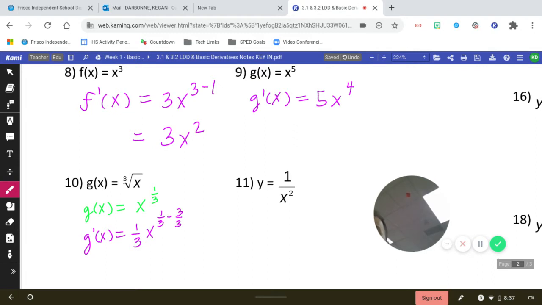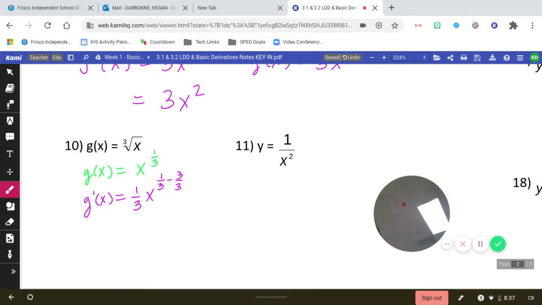I'm going to go ahead and make it easier on y'all and change that minus 1 to be minus 3/3, which 3/3 is the same as 1, but now I have a common denominator, so I can actually subtract. So to simplify this out, g prime of x is equal to 1/3 x to the negative 2/3.